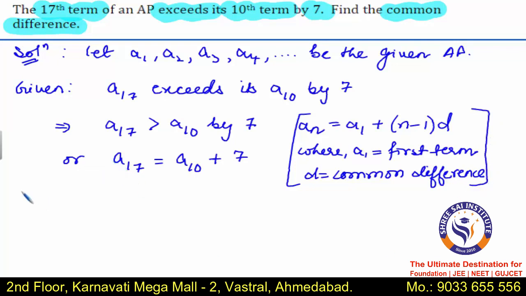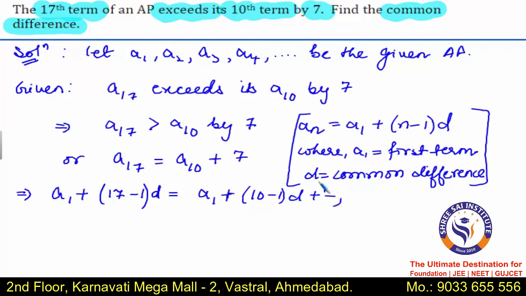Therefore, this can further be written as A17 can be written as A1 plus 17 minus 1 into D is equal to A1 plus 10 minus 1 into D plus 7, where D is the common difference and A1 is the first term.